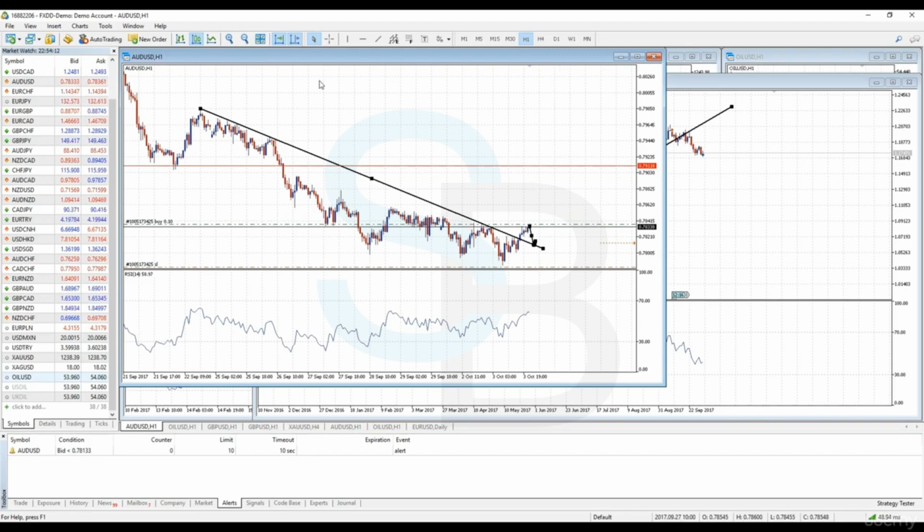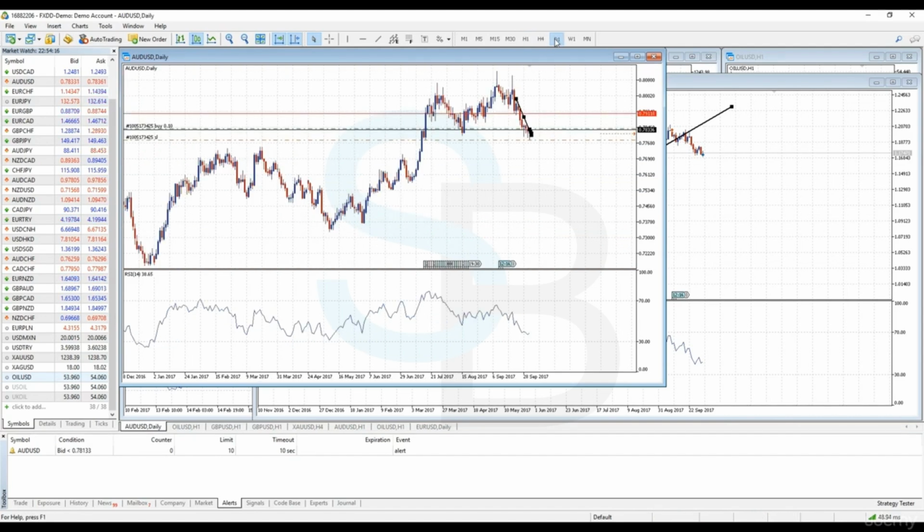Let's take a look at Aussie USD on a daily, just to give you an example of what I mean. When Aussie came up and was rejected at around the 0.80 handle, right around this level here, there was a strong rejection, and we can see that strong rejection with these wicks in these candles.